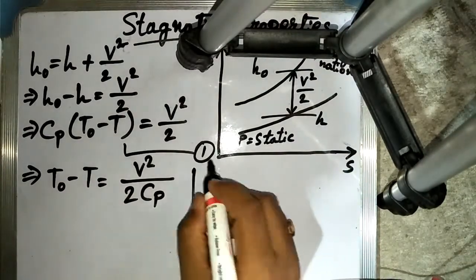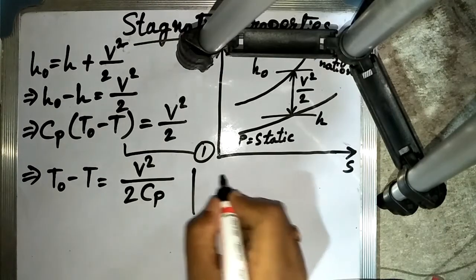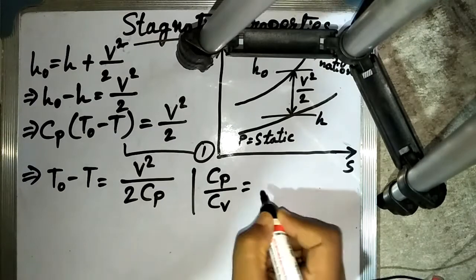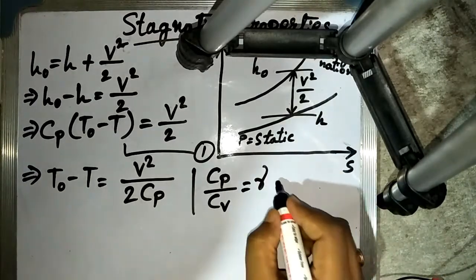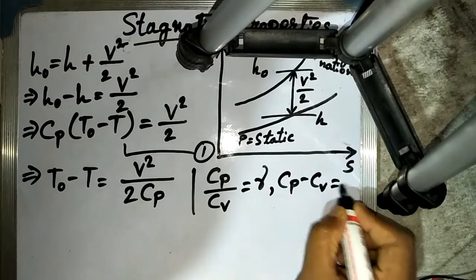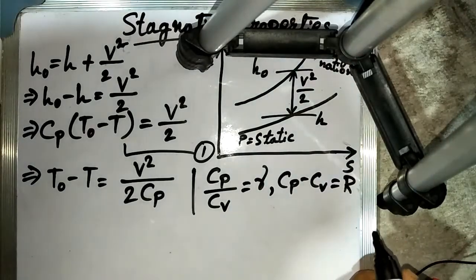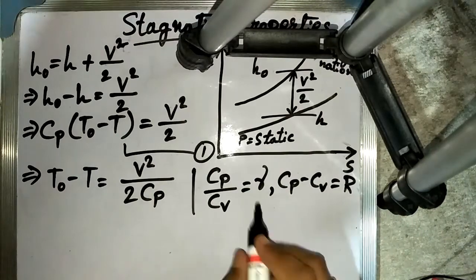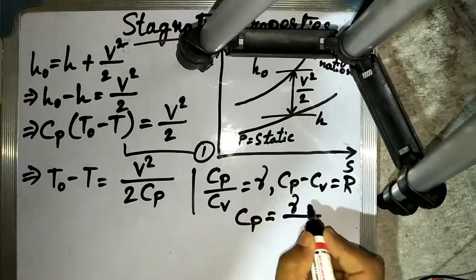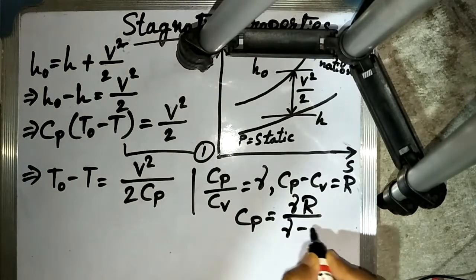We know that Cp by Cv equals gamma and Cp minus Cv equals R. From these two equations we can write Cp equals gamma into R by gamma minus 1.